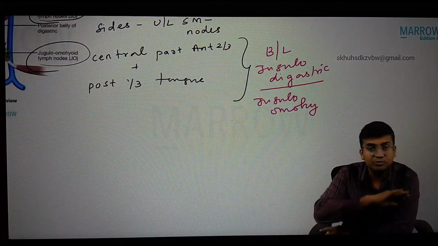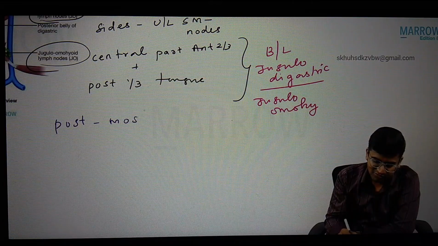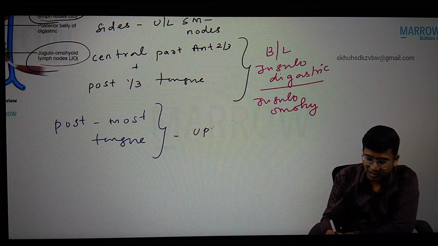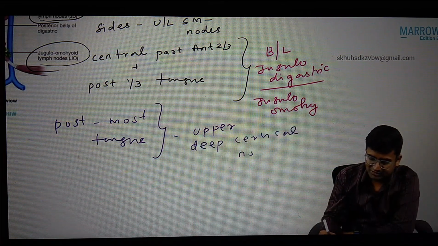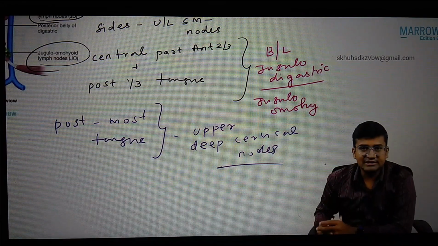Whereas lymphatics from the posterior most part of the tongue drain into upper deep cervical nodes. Okay, so that's all about the lymphatic drainage of the tongue.